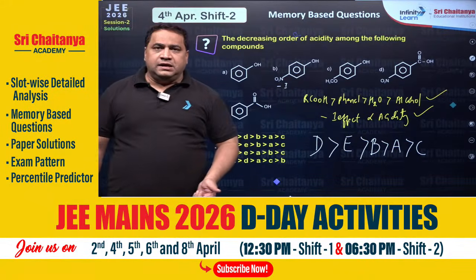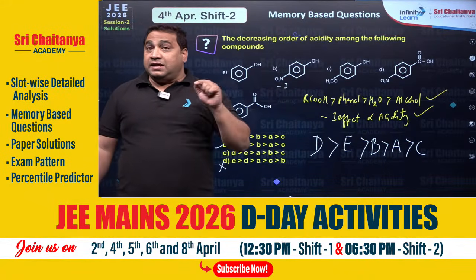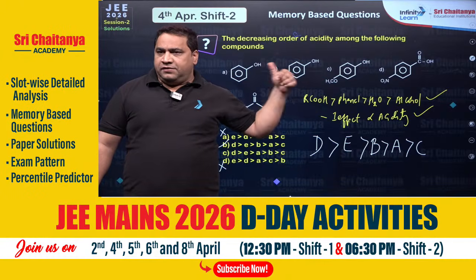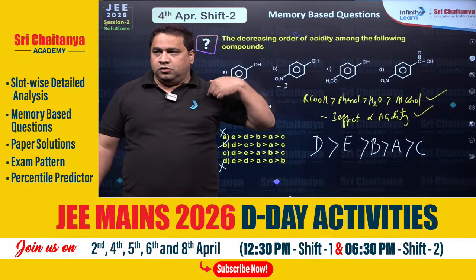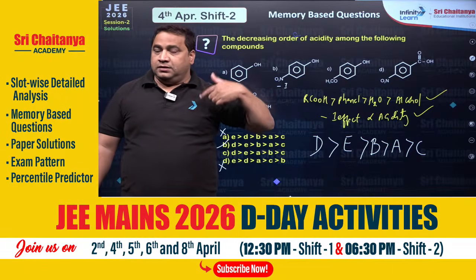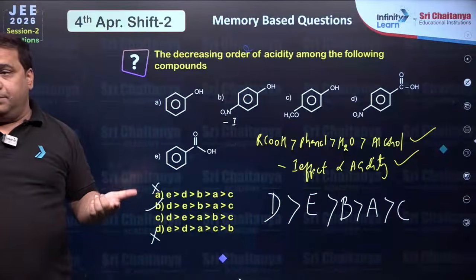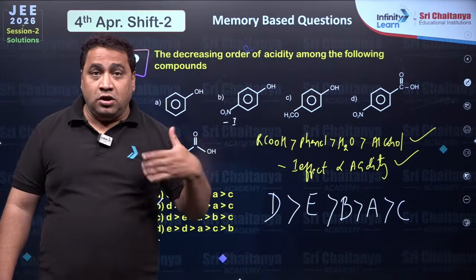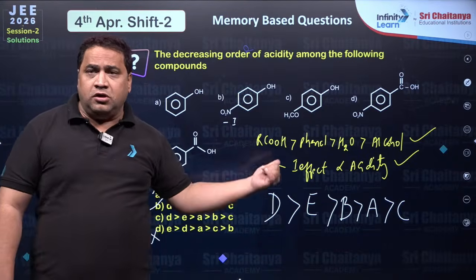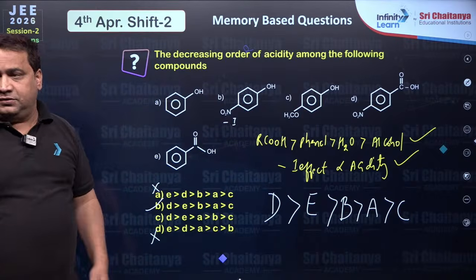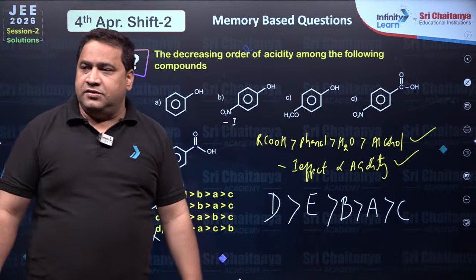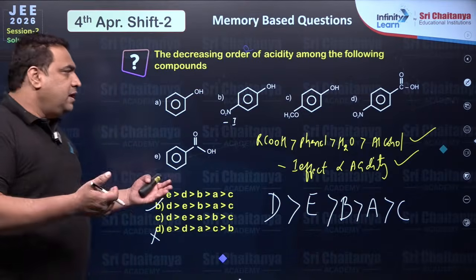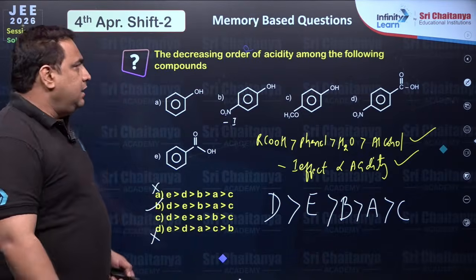Anybody from Infinity Learn who is my student and agrees that I explained this question in class, give me a thumbs up. If anyone whom I taught in grade 11, 12, or the revision program is here, please give a thumbs up. This model we studied several times, not one or two. We covered this model already in class. So all the Infinity Learn and Sri Chaitanya students, and maybe others also, many of them have solved this. It is a very commonly asked question.